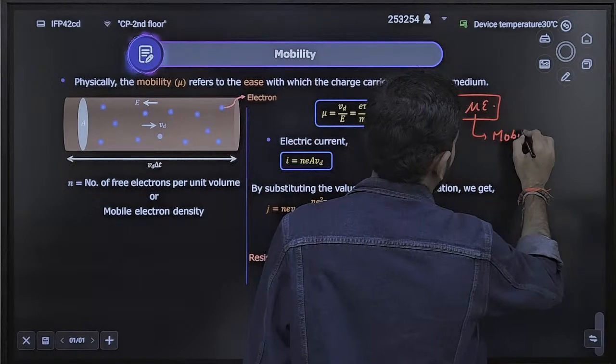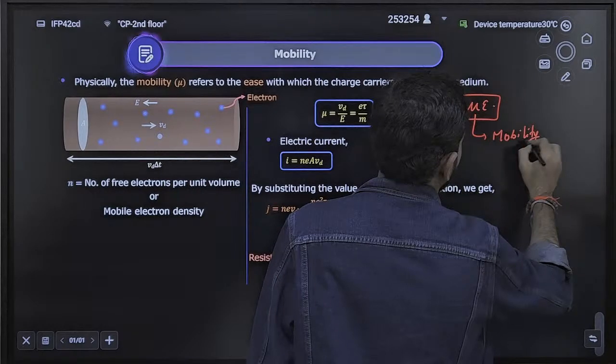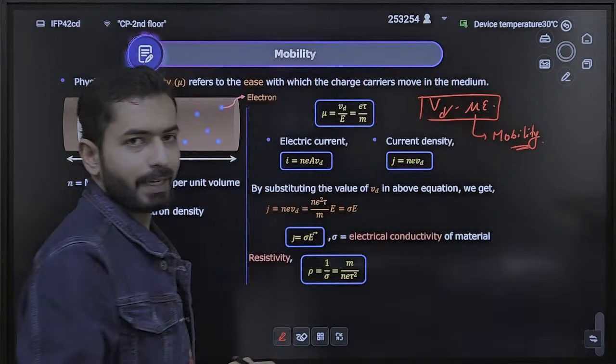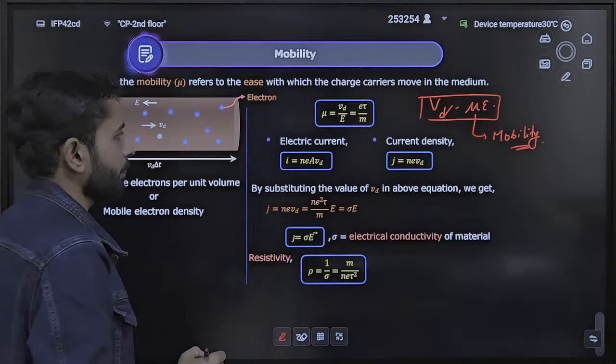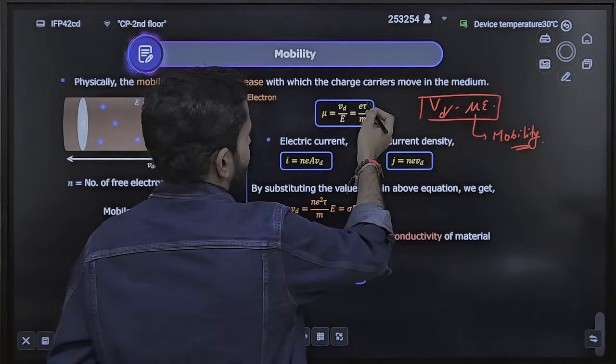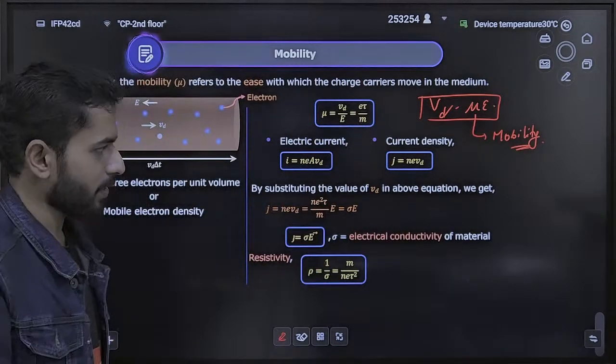It is called as mobility, into electric field. Now drift velocity is also defined as eE tau by m, and when it is divided, it will be changed like this.